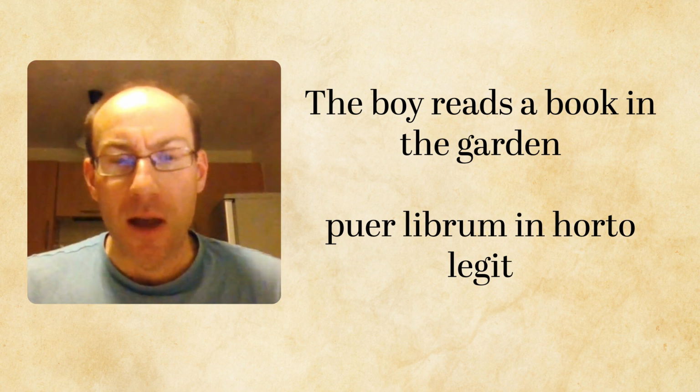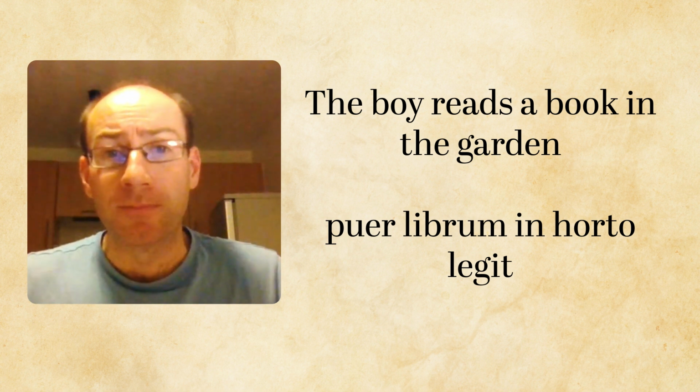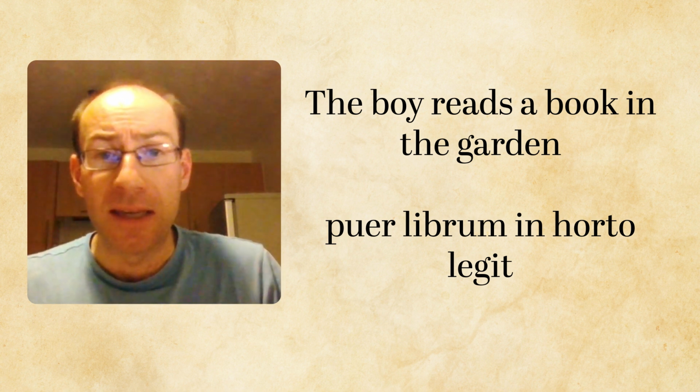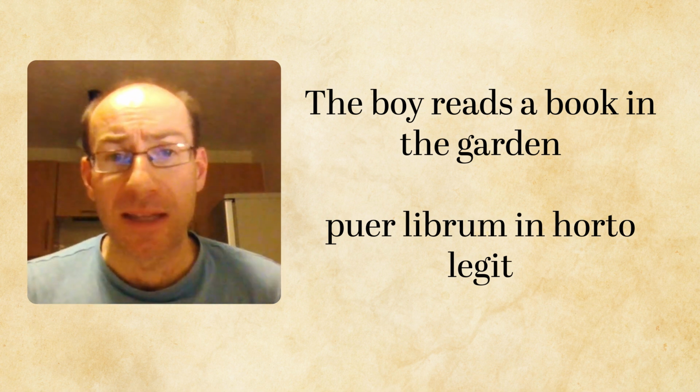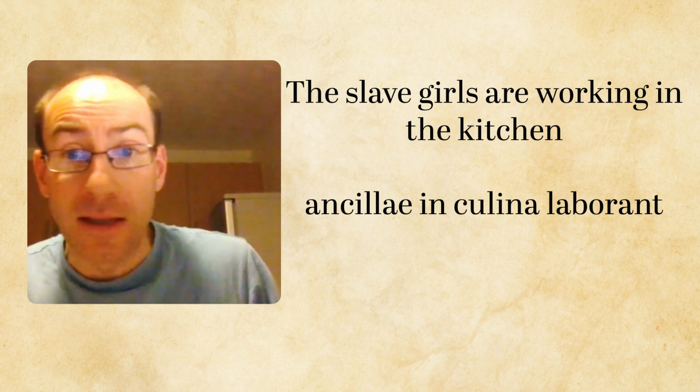Let's just take another example. The slave girls are working in the kitchen. So subject of that sentence: the slave girls, because that's who we're talking about, who we're saying something about. In Latin, ancillai. What's the predicate? Are working in the kitchen.